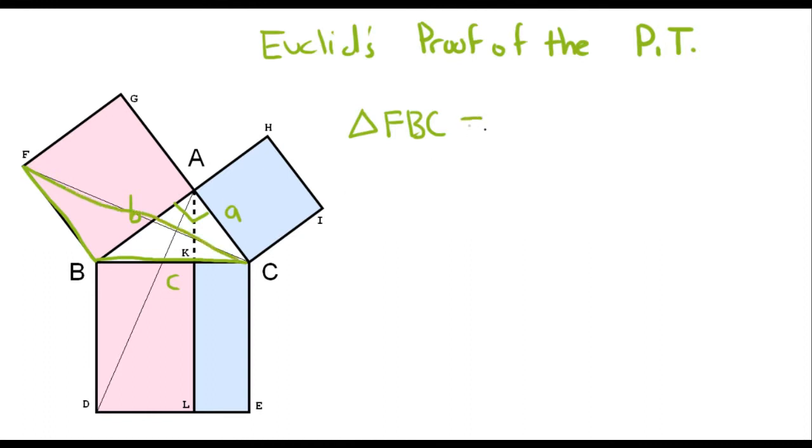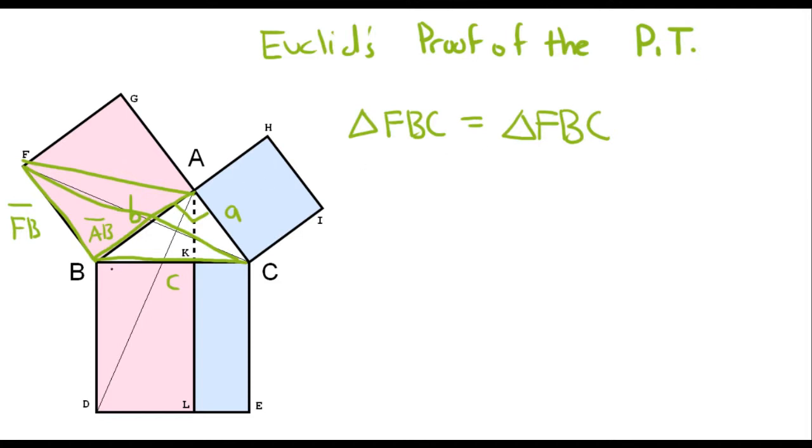So triangle FBC equals the triangle FAB. Why? Simply because it has the same base of FB and the same height of AB. Both of these triangles have the base of FB and the height of AB, so they are the same. Simple enough, right?